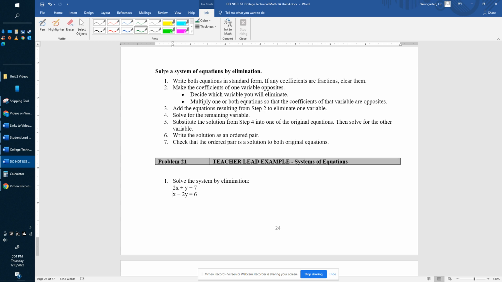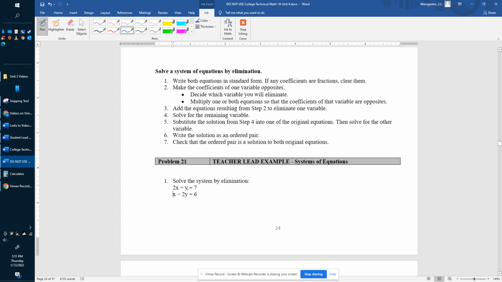That being, if we had 2y, we would want the other y component to be negative 2y to cancel each other out. Then we solve for one variable, and we can use either of the equations to solve for the second variable and then check our solution. Again, it's easier done than said. So let's go ahead and give it a try.